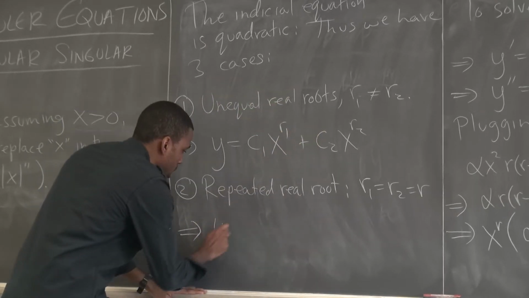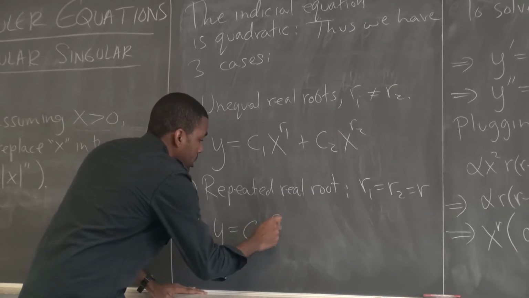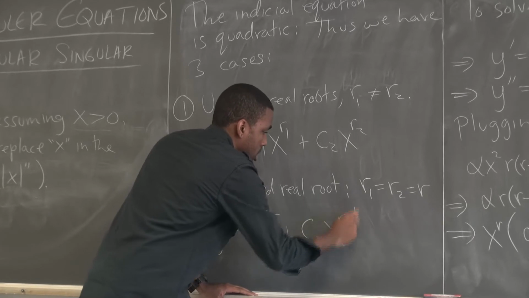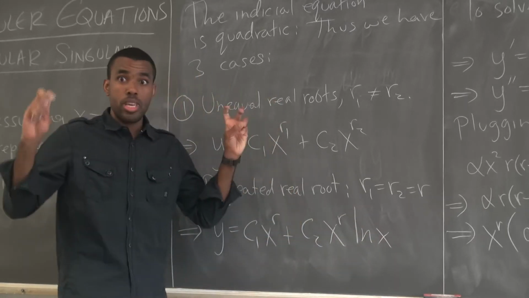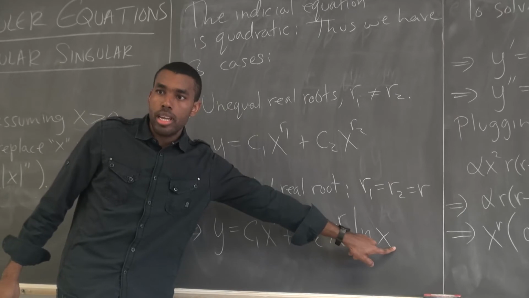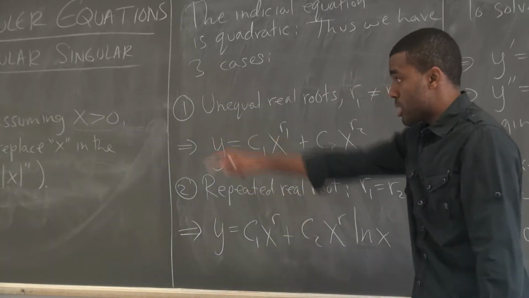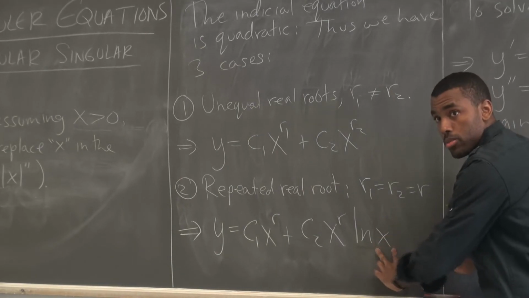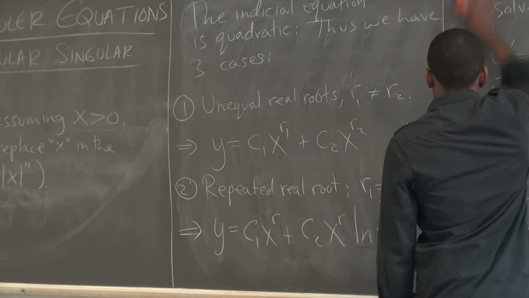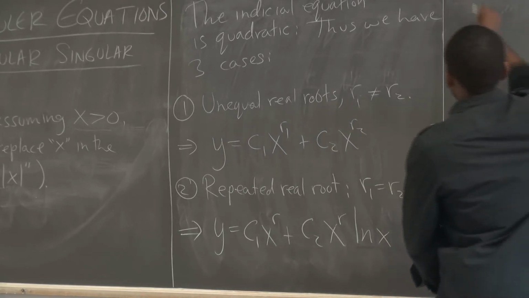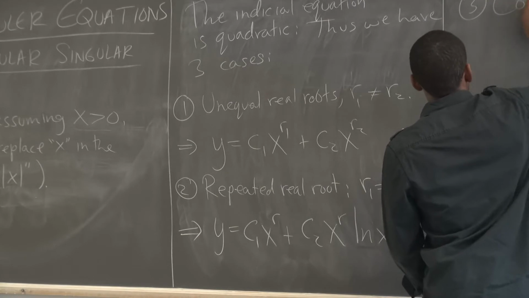Ultimately, you will end up with y is equal to C1 x to the R plus C2 x to the R ln x. It turns out that your v, after doing the reduction of order, will end up being ln x. And like I said, if your x were negative, you just put an absolute value here, it'll all be consistent and work out. The third case is we have complex roots.